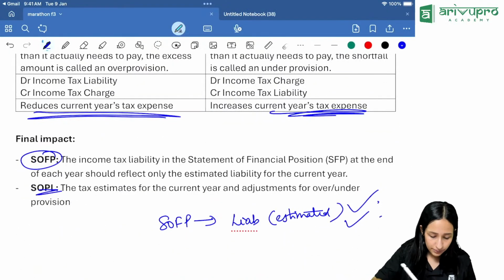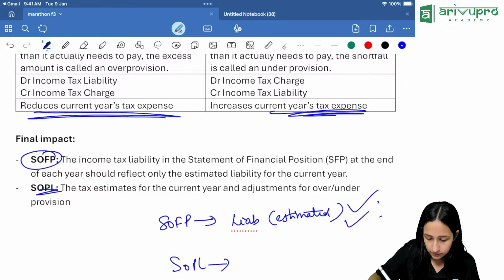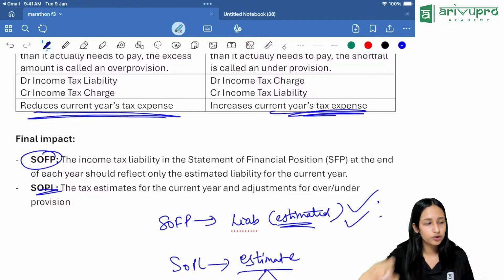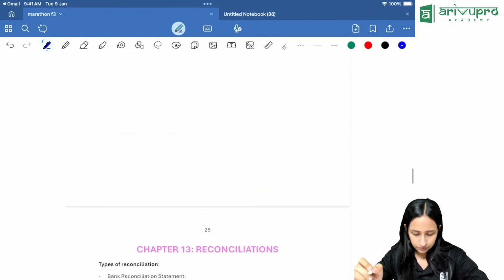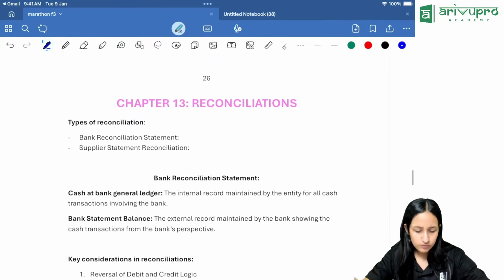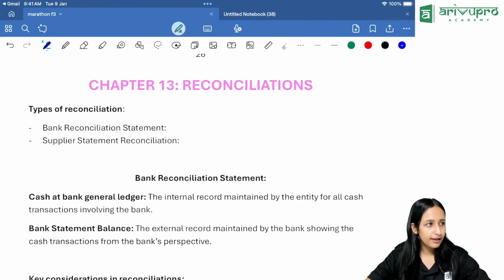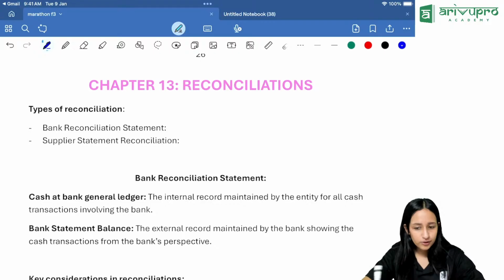But in SOPL you take the estimate, and you also adjust for under provision and over provision. Got it? If you have any doubts, obviously you can ask me before the live gets over, because after the live gets over you cannot ask anymore.